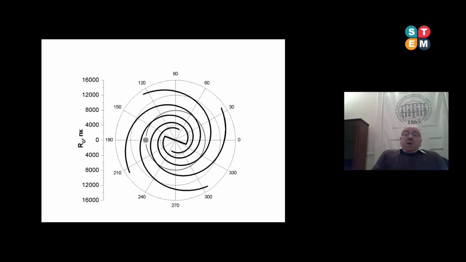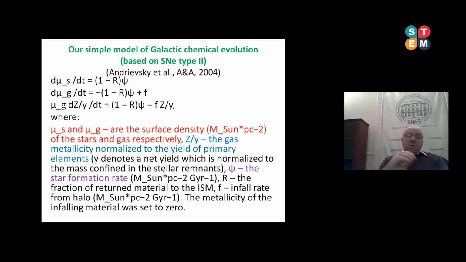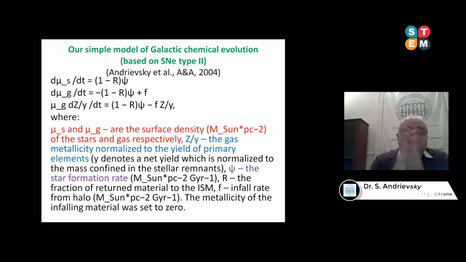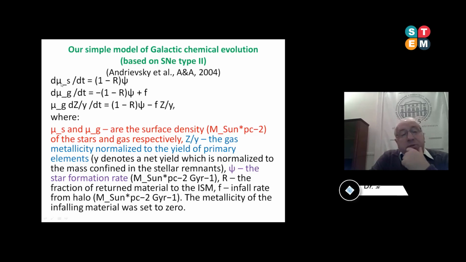Okay. Again, this is a schematic view of our galaxy, and now I would like to quickly present the simple approximation that we use to describe our observational data. So we used three differential equations.